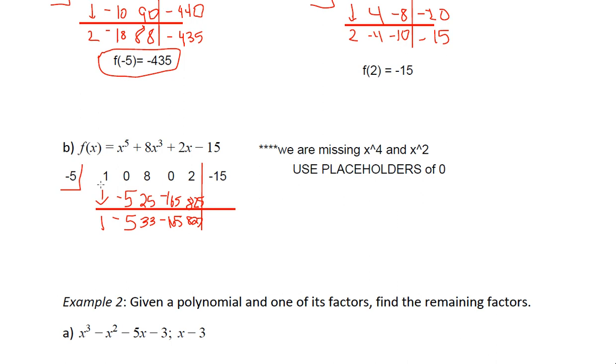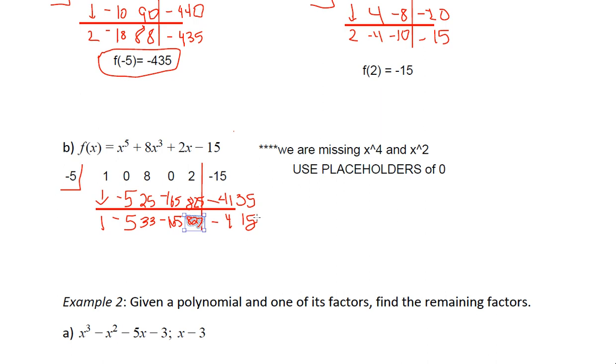And when I multiply negative 5 times 827, I get negative 4,135, which when I add them, I get negative 4,150.